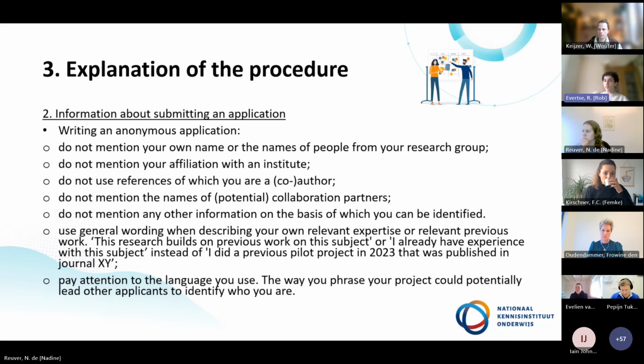It can be even more subtle, such as the language that you use. For example, if you refer to yourself in a certain way or use specific jargon, that could lead other applicants to identify you. So it's really important to keep all this subtle stuff in mind when writing your application. Next slide.